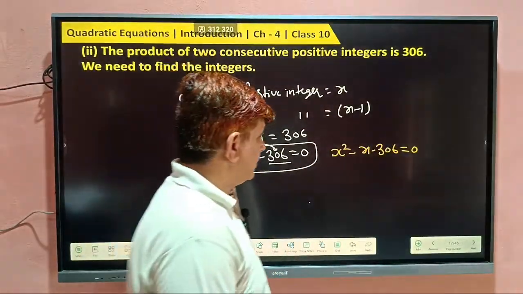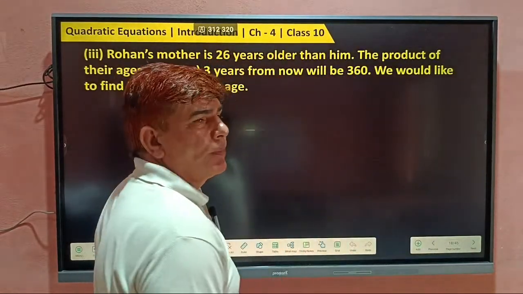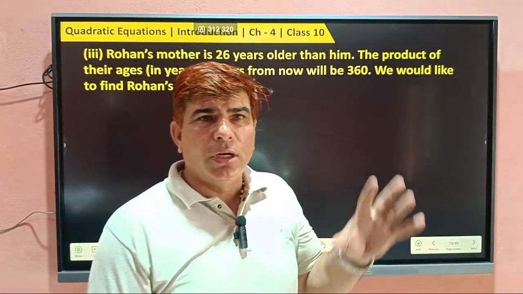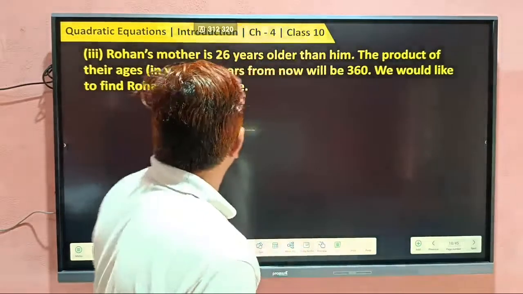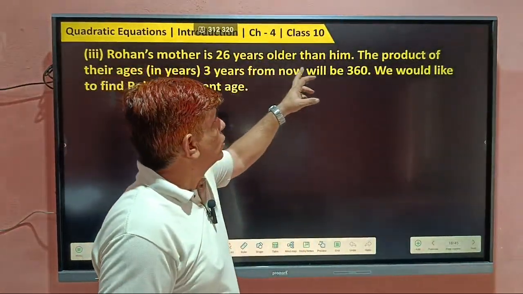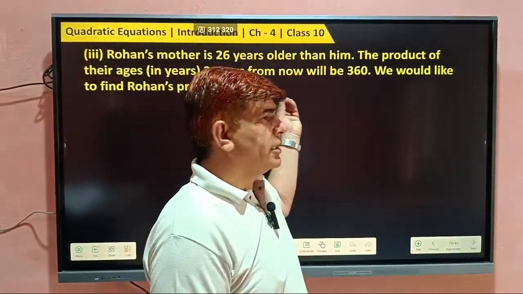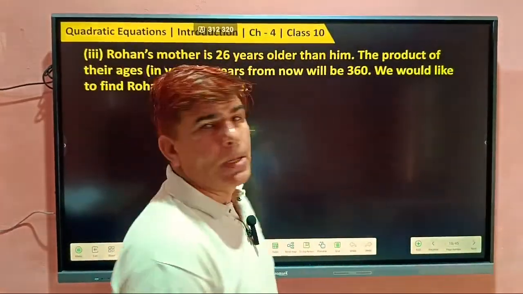So next, this is the third part of question number 2, exercise 4.1. Rohan's mother is 26 years older than him. Her mother's age is 26 more than Rohan's.